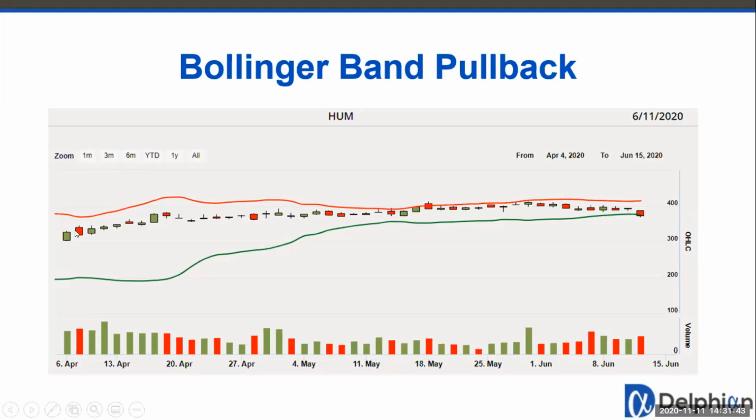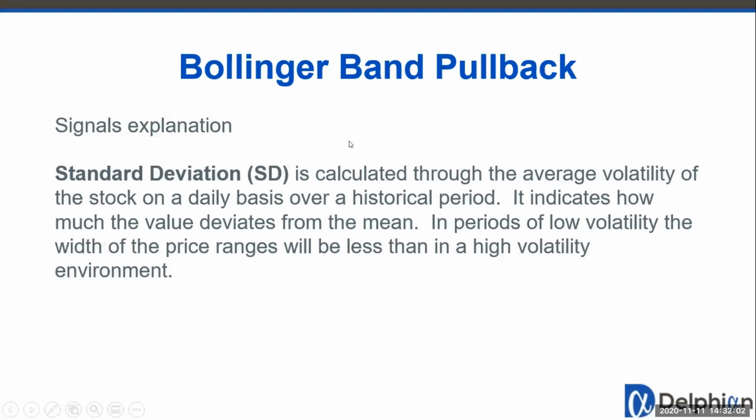So when things are volatile, it's going to be a lot wider. And as things quiet down, the channels get a lot tighter. And this is Humana. One part of this is standard deviation, how much it deviates from the mean.